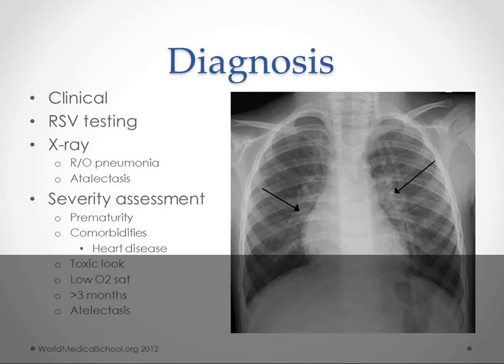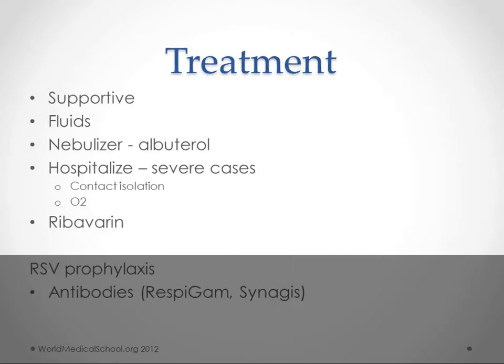If the kid looks toxic, looks real sick, if they have low O2 saturation, if they're under 3 months of age and they have atelectasis like we mentioned, that's going to put them in the severe category and change the way we treat it a little bit.